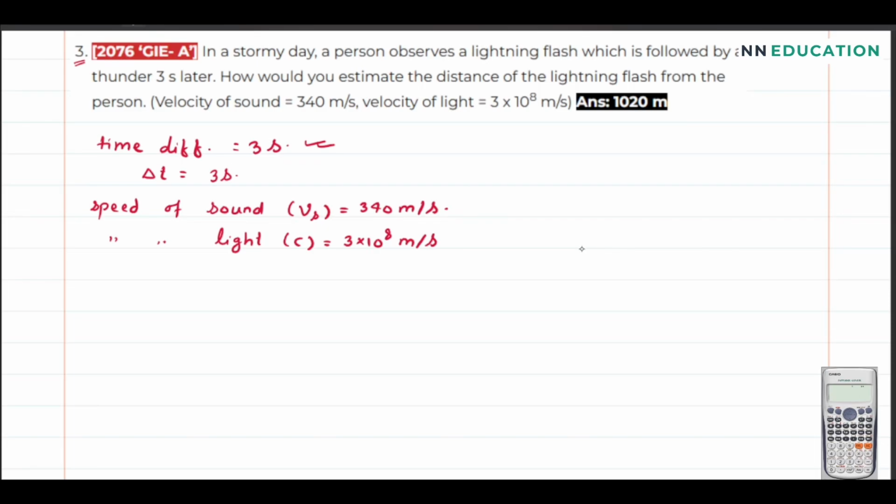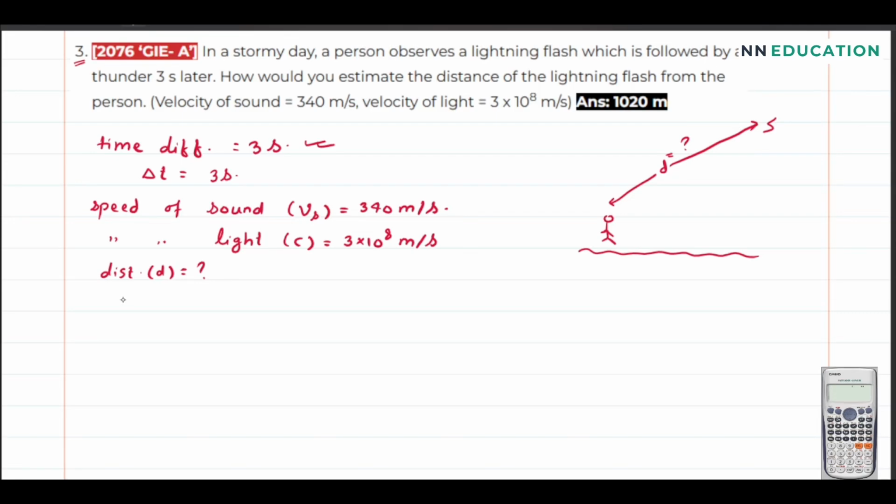Suppose on the ground here an observer is standing, and somewhere in the sky the lightning is happening, and the question is asking us to calculate this distance. So let's write down distance d equals what?